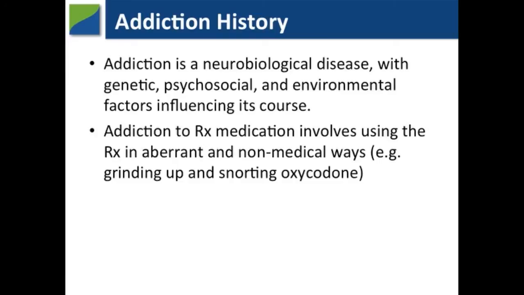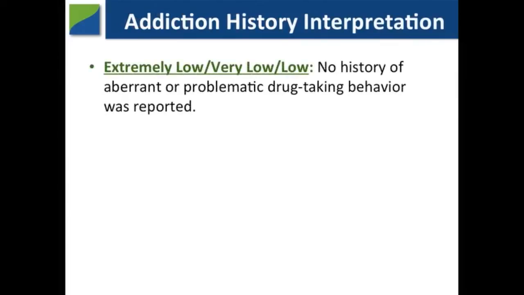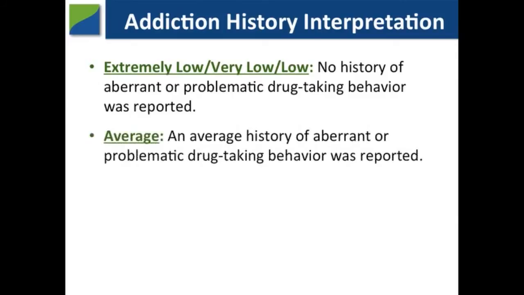So how do you interpret addiction history? A low score means that there's no reported history of aberrant or problem drug-taking behavior. When interpreting this, always look at the self-disclosure score because patients with this history may not wish to disclose it. An average score means there's an average level of problems with drugs or alcohol over the course of life. Many people have some use at some point in their life.